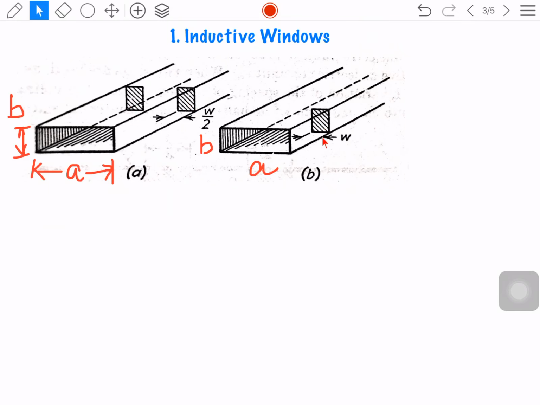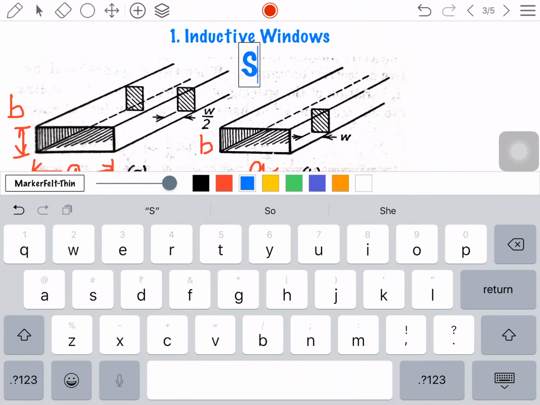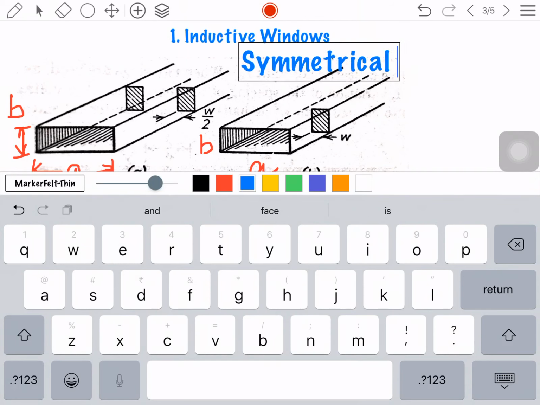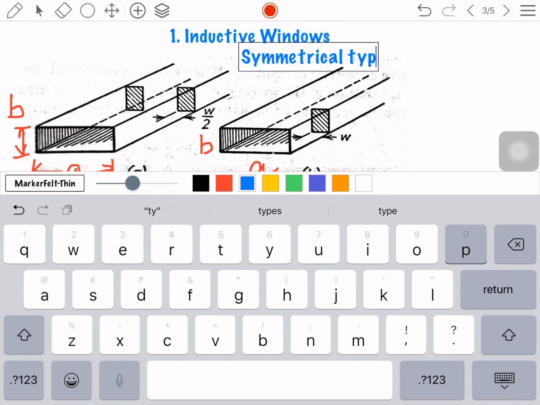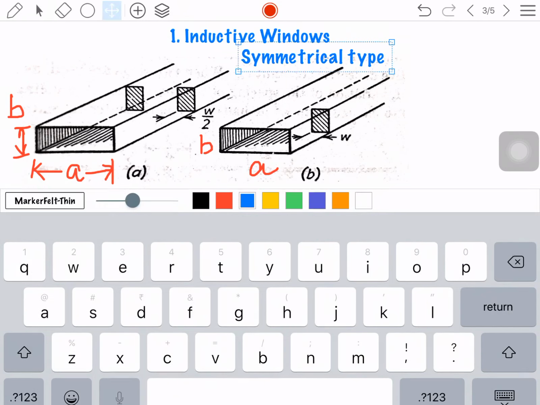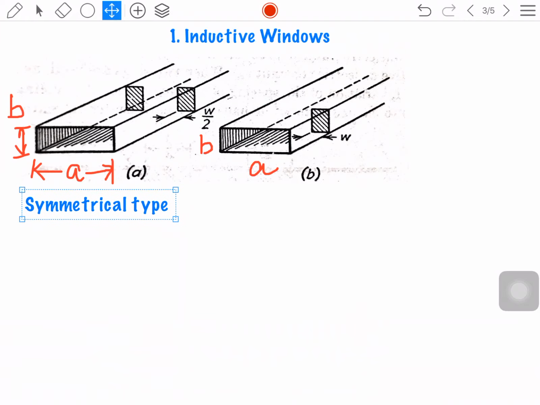The width of this projection overall, whether in figure A or figure B, is simply W. The first figure is a symmetrical type inductive window, because from both side walls conducting diaphragms have been inserted.